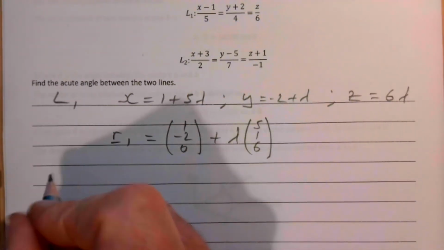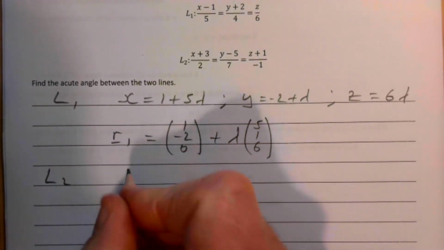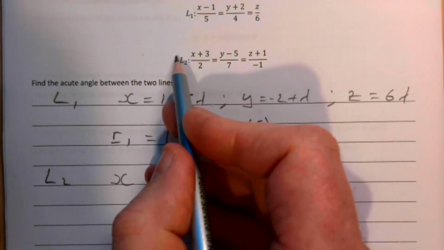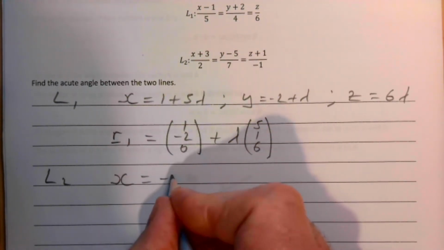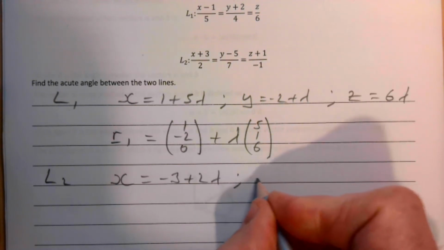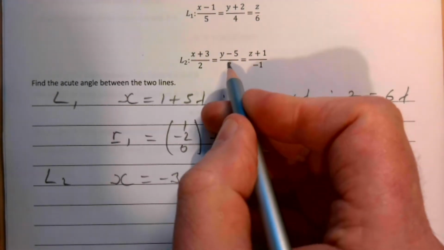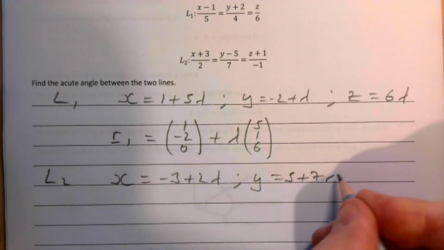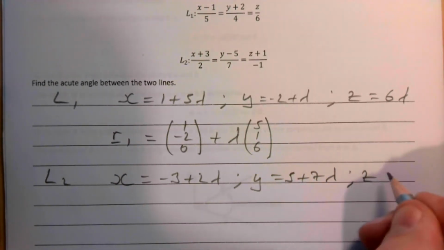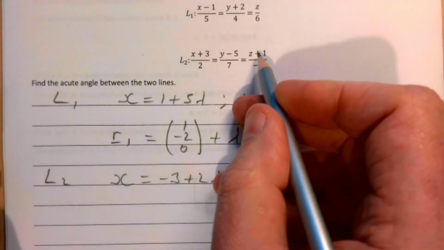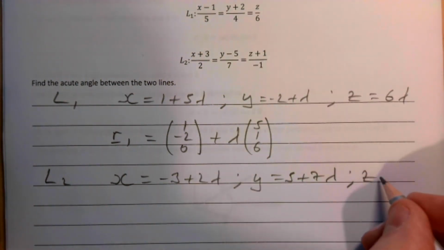We now need to do the same with L2. X is going to be times by 2 to give me 2 lambda, so it's going to be minus 3 plus 2 lambda. Y, 5 plus 7 lambda. Z, minus 1 minus lambda.